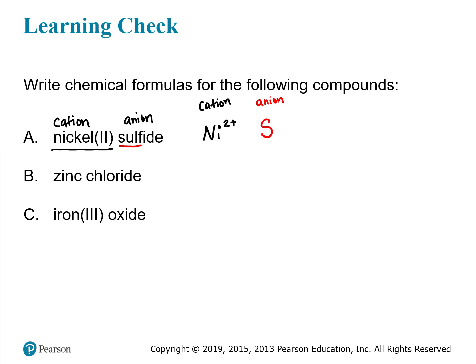For that, we have to go back to the periodic table. What group is sulfur in? It's in group 6A. So our charge is going to be 6 minus 8, which gives us minus 2.